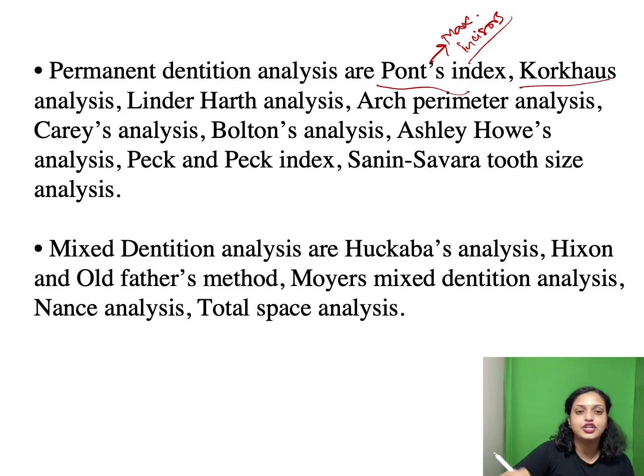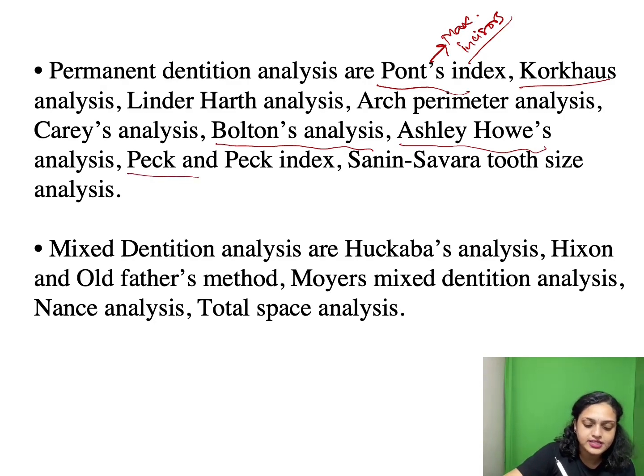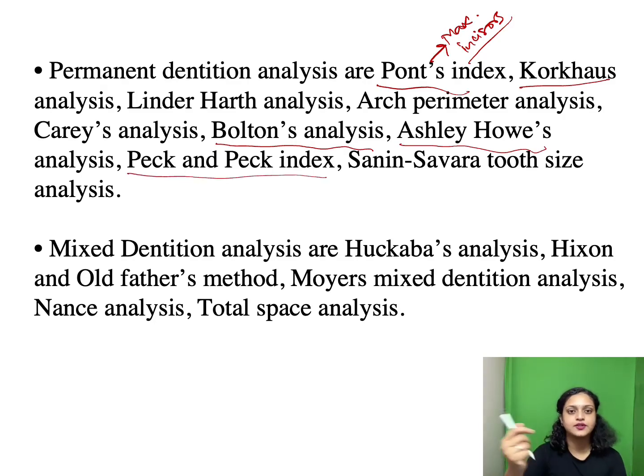Korkos analysis, anterior posterior displacement can be found out. Linderhart and Pond's are the same. Arch perimeter analysis and Carey's analysis, arch length, tooth material discrepancy. Bolton's analysis, total tooth material discrepancy. Ashley-House, to expand or not. Peck and Peck index, only for the lower anteriors. So these are the permanent dentition analyses.